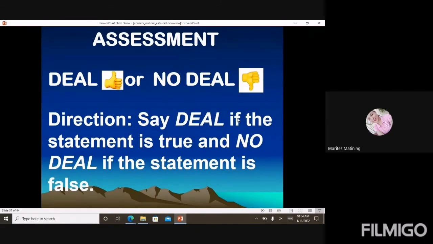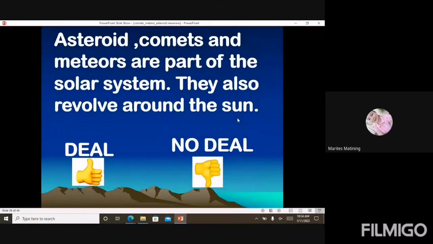Okay, so, let's see if you really understand our lesson for today, mga anak. Deal or no deal. So, just say deal if the statement is true and no deal if the statement is false. Question number 1. Asteroids, comets, and meteors are part of the solar system. They also revolve around the sun.